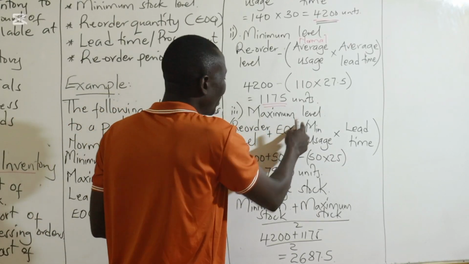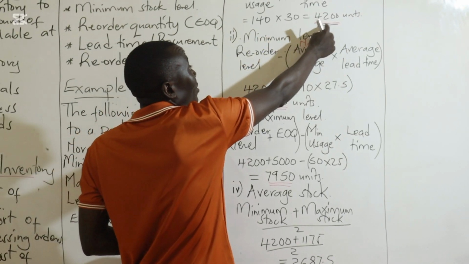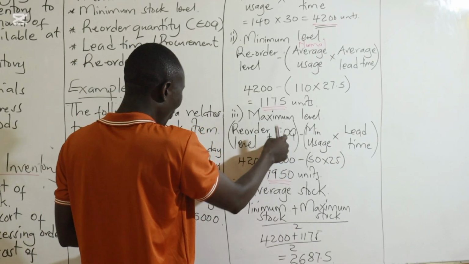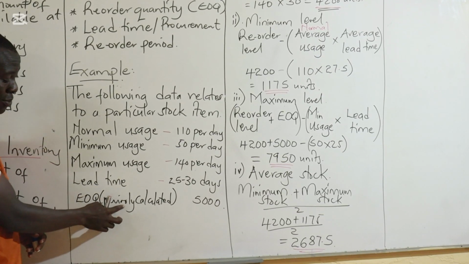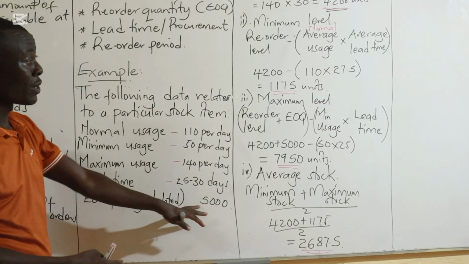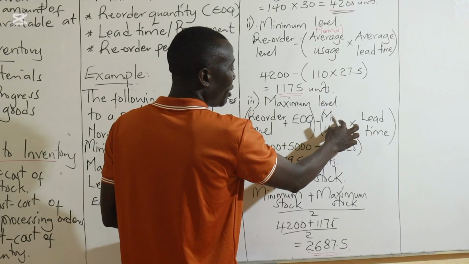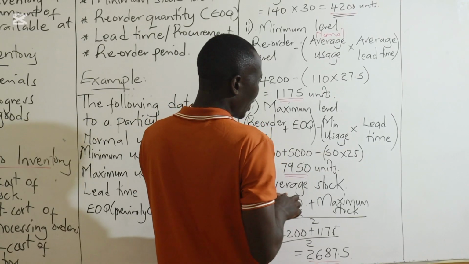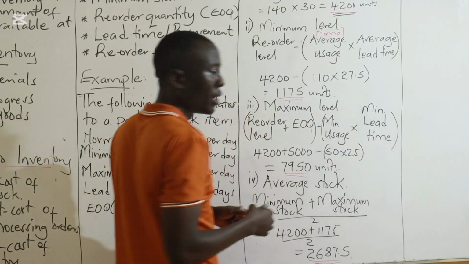Then the maximum level is calculated as the reorder level. Again, this is the reorder level, which is 4,200 units. We add the EOQ, the economic order quantity that we had been given as previously calculated, which is 5,000. Then we subtract minimum usage times minimum lead time.